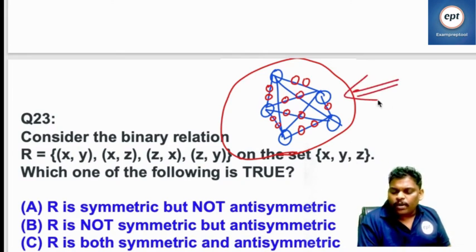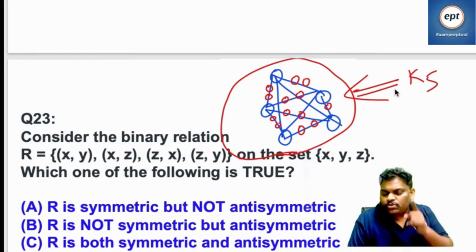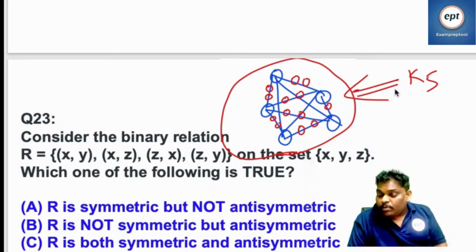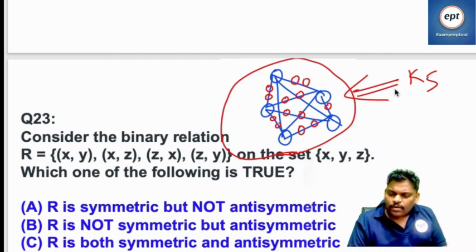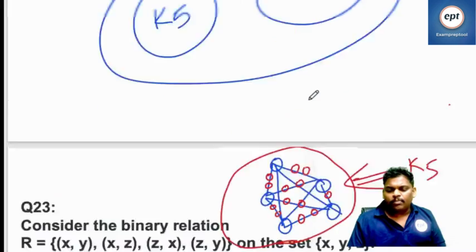This is called homomorphic. If you can find in any graph subdivisions of K5, exactly K5, or subdivisions of K33, then it is not a planar graph.